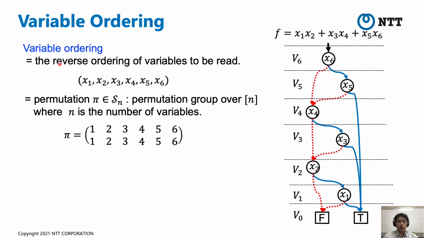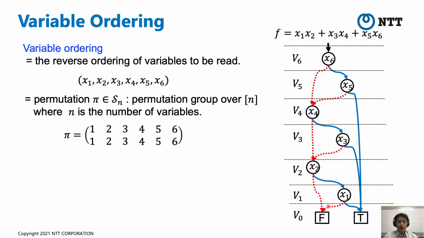Now we introduce the most important notion, variable ordering, which is defined in this talk as the reverse ordering of variables to be read. In this example, the variables will be read in this ordering: x6, x5, x4, x3, x2, x1.